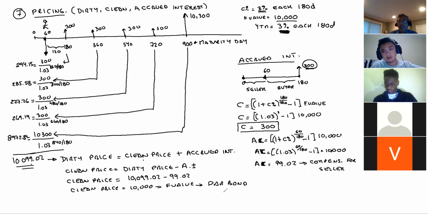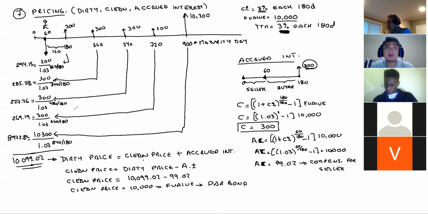Remember, what you pay now is this amount of money. You are going to pay me $10,099 now in period 60. So from this $10,099, 99 corresponds to my part of the 300, and the 10,000 corresponds to the price.